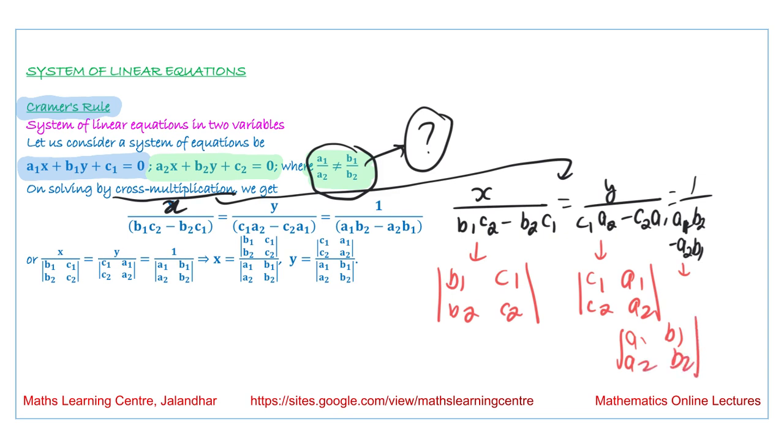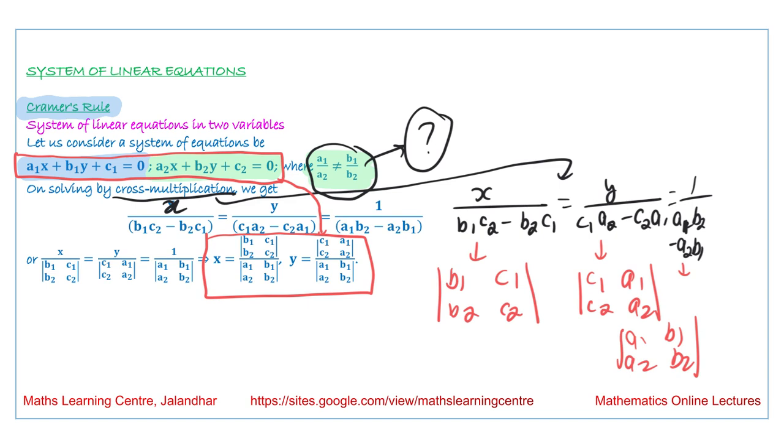So if this is the system of equations given to us in the unknowns x and y, then the values of x and y are given by these equations, that is, x is equal to this and y is equal to this. This is Cramer's rule for 2 cross 2 systems.